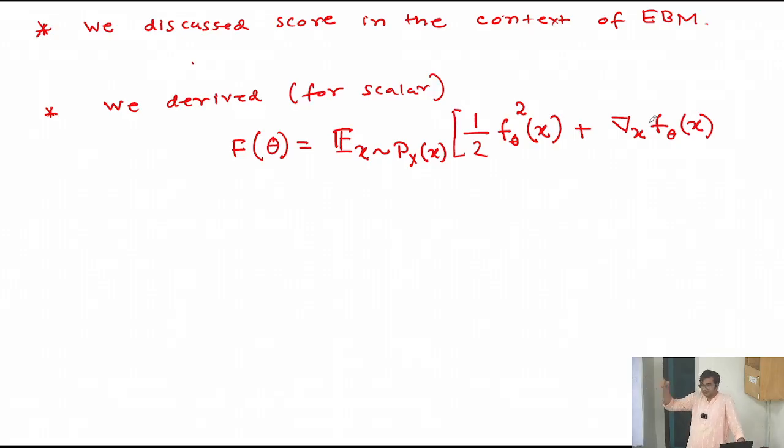So the first term was gradient of f, and the second one was gradient square.